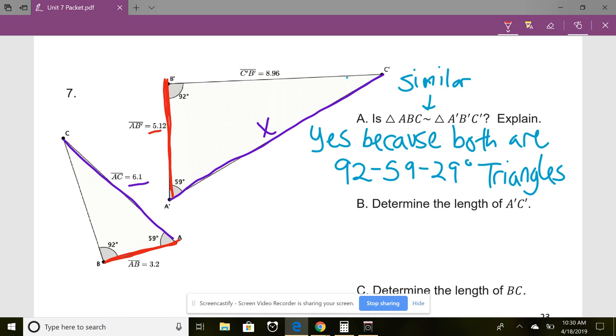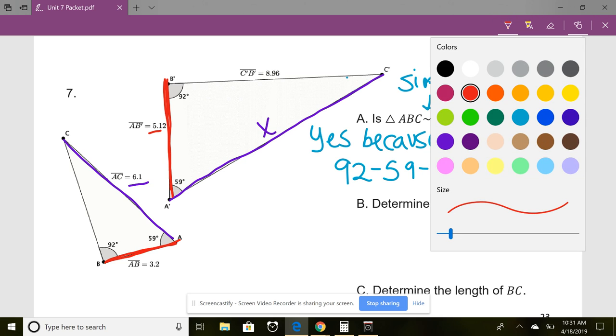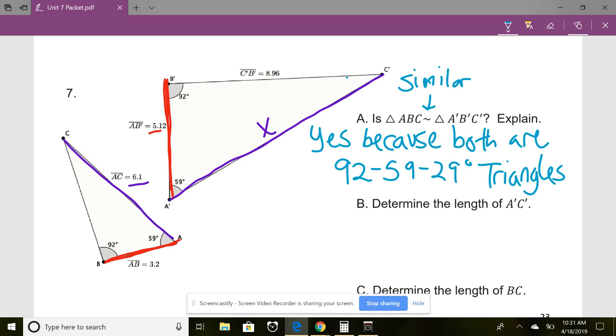Now you have to be careful in setting up your proportion. A prime, C prime, that's what we're trying to figure out. That's my X. You can set up these proportions in different ways, but it's really important what goes on the top and what goes on the bottom. A proportion is an equation with two fractions.